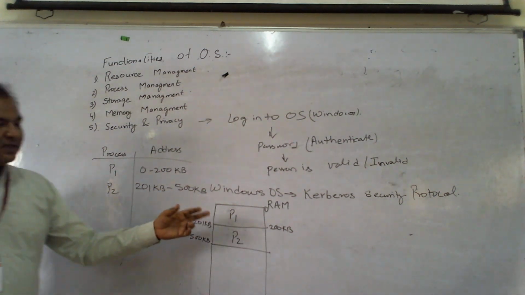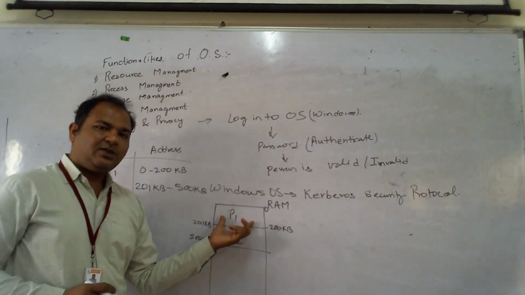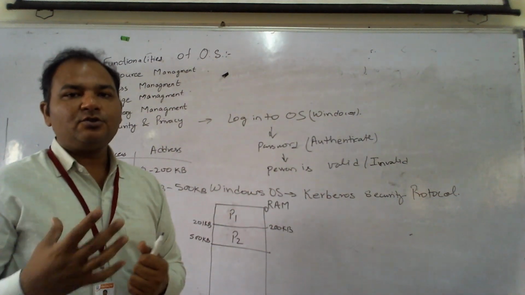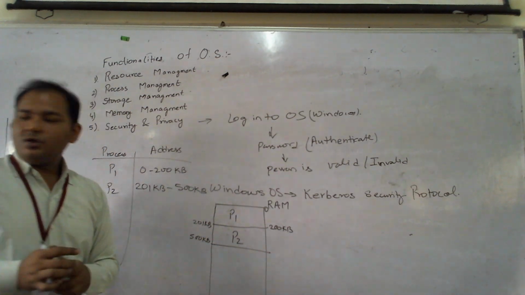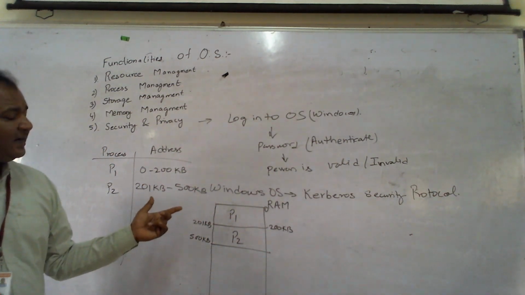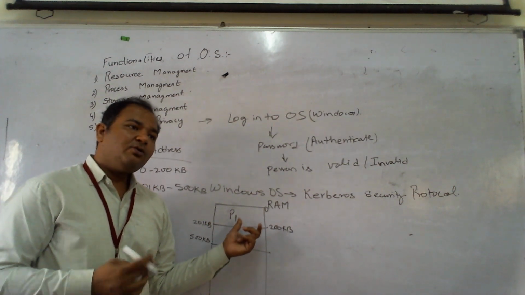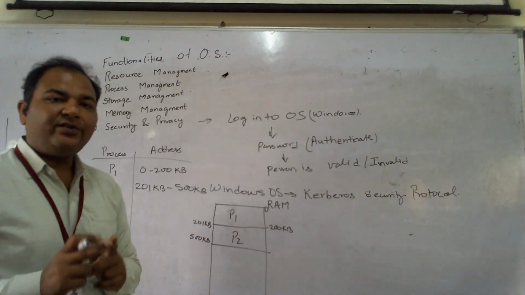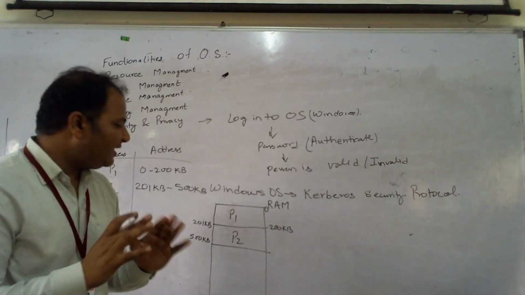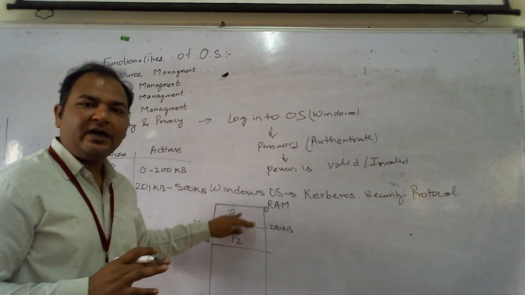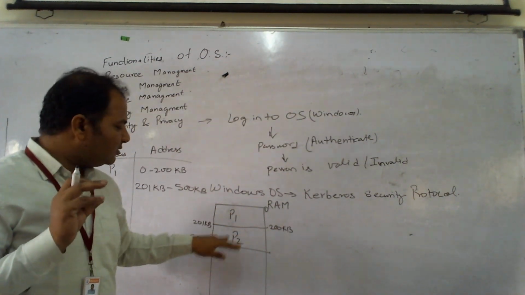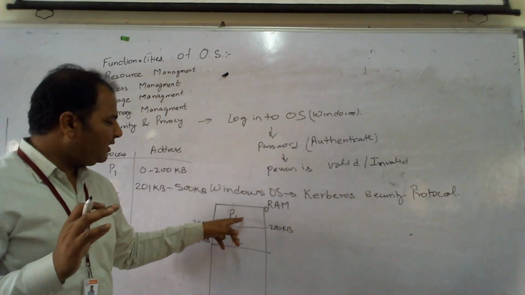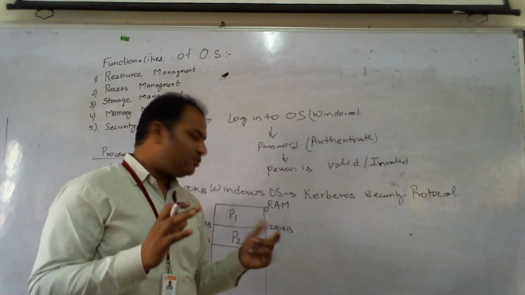Privacy means if P1 is executing, the process has many instructions to execute. If P1 is executing and it needs another file, suppose it wants to execute a P2 instruction, the system will halt it, or roll back the process.